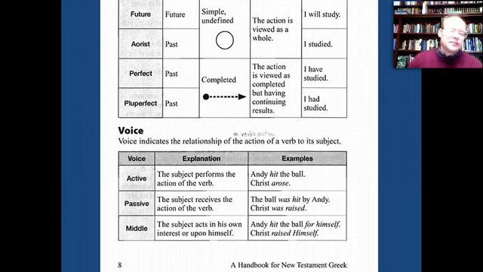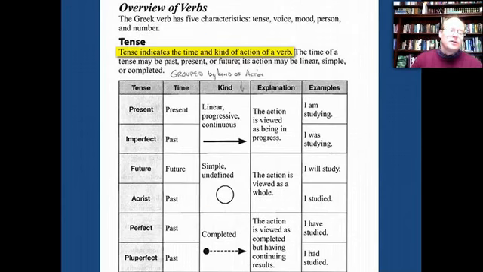Now, just looking at this chart as a whole, let me point out that this is part of the genius of the Greek language, or what makes it unique. That these kinds of action are very important then in how we understand what the New Testament authors, or any Koine Greek author, is trying to communicate by their use of tenses.